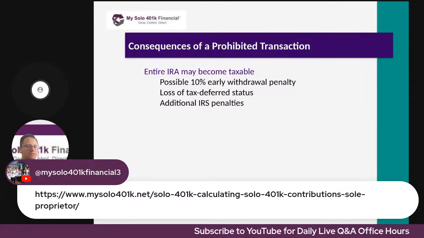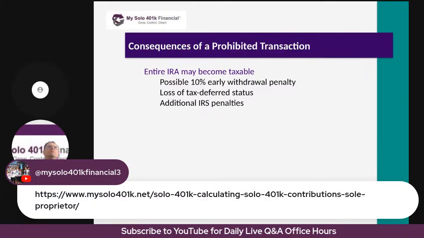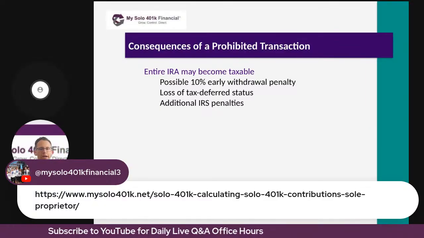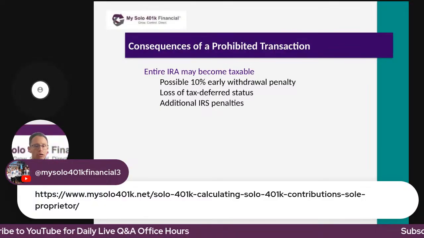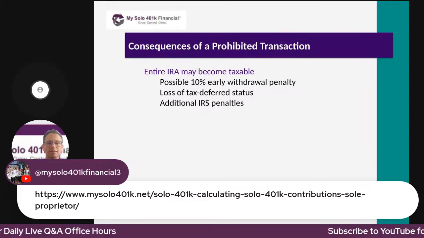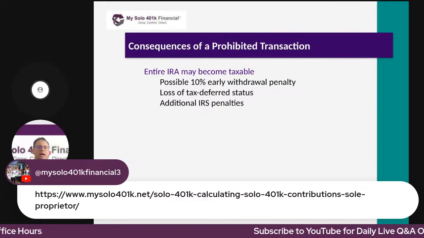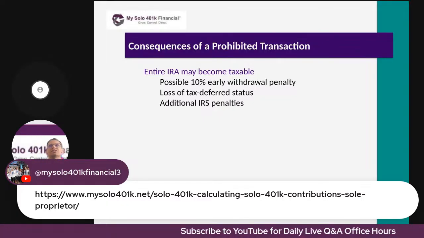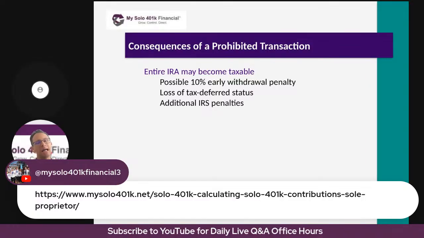So what happens if you violate the rules regarding self-directed IRAs? Well, in short, the consequences can be very severe. The entire IRA may be treated as a distribution, and penalties may apply.